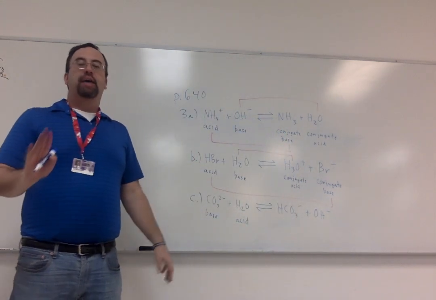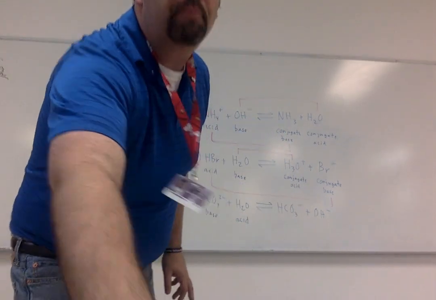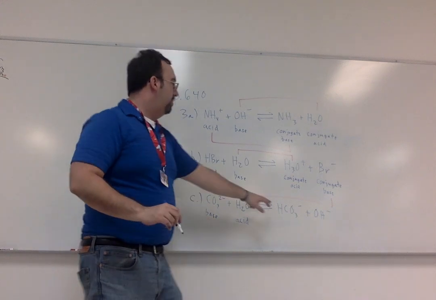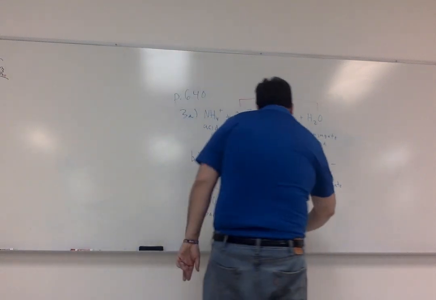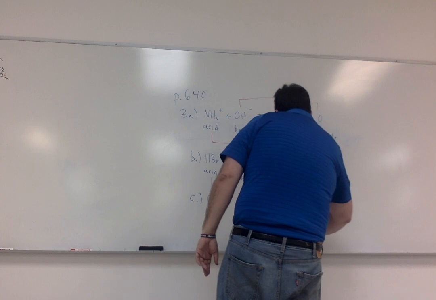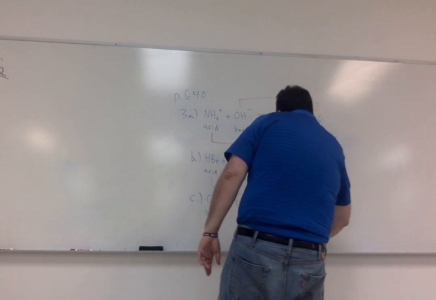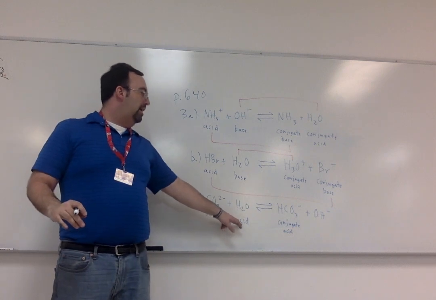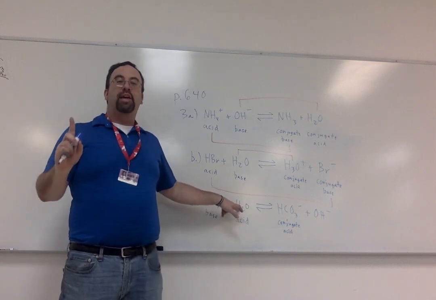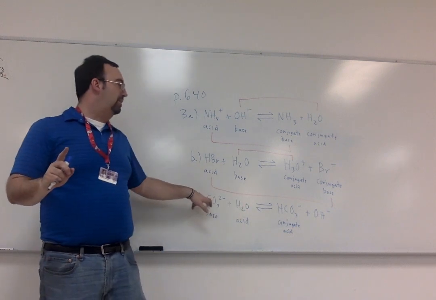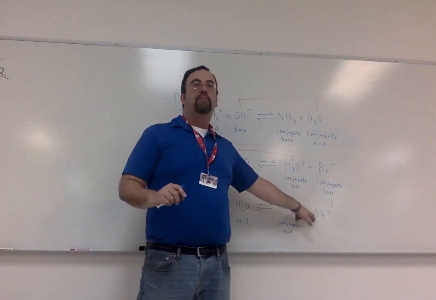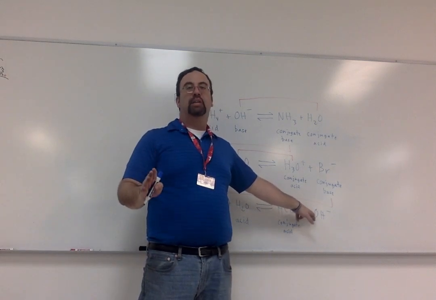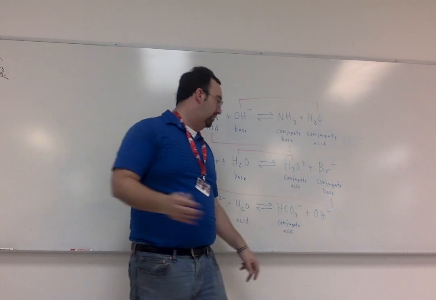Because we know that bases and conjugate acids are paired together, we know that the HCO3- must be the conjugate acid. And the acid here, which donates one of its hydrogen ions to the base, therefore, because it lacks the one H+ ion, is the conjugate base.